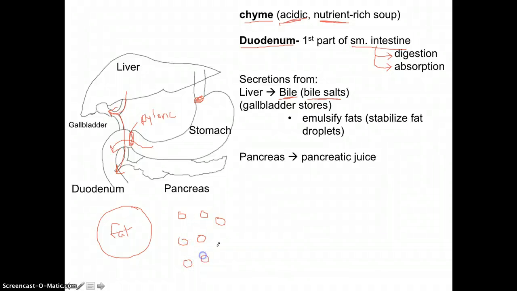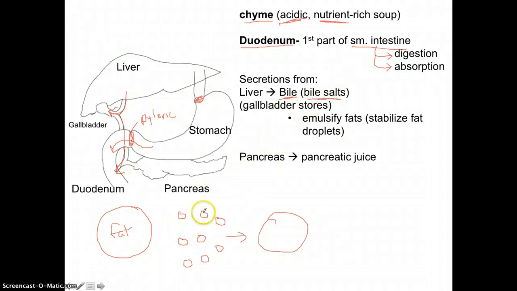But if you think about little tiny droplets of fat in water, pretty quickly these will reassociate again and make a huge droplet. But if we want to digest the fats and break up the triglycerides, we have to keep these little drops apart so that other enzymes can get in to degrade them.